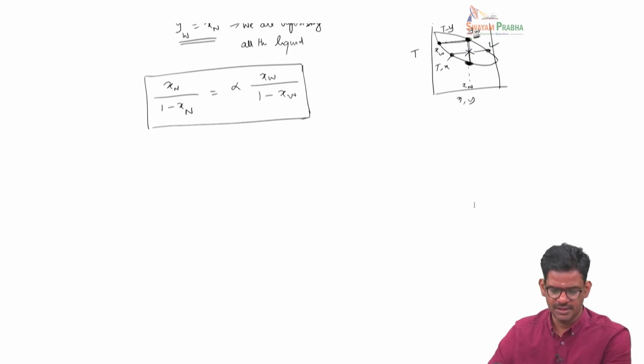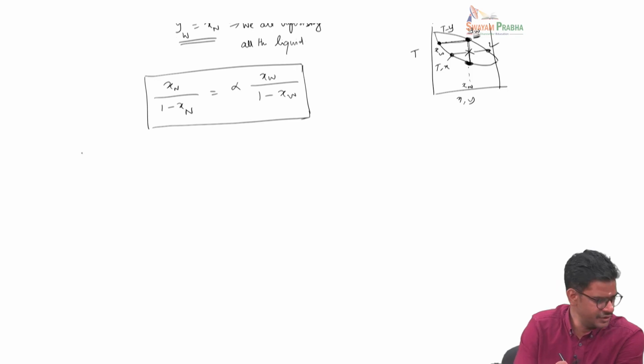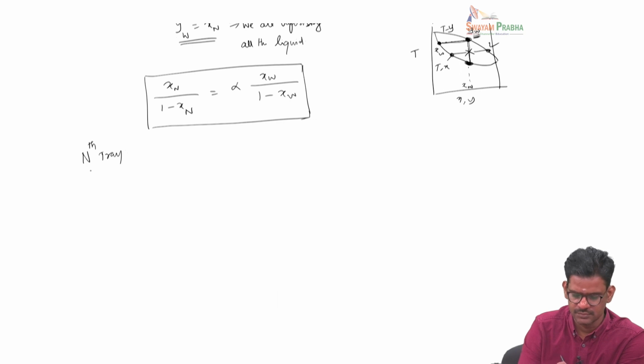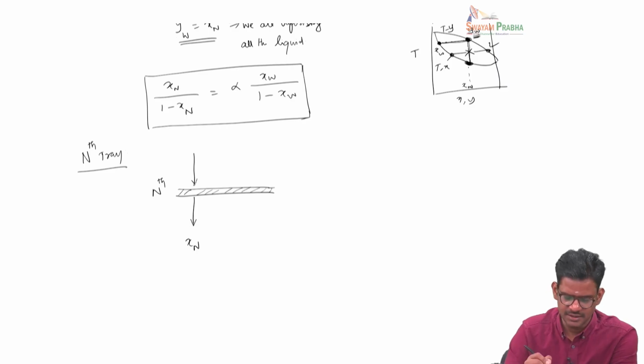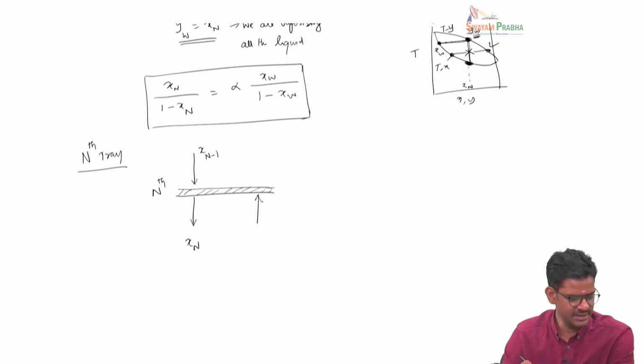Now let's look at this application to the nth tray. Let us draw the notations here. So this is the nth tray, and the liquid that is leaving the nth tray is Xn, and the stream that is coming in is Xn minus 1, and the vapor that is entering here is Yn plus 1, and the one that is leaving is Yn.